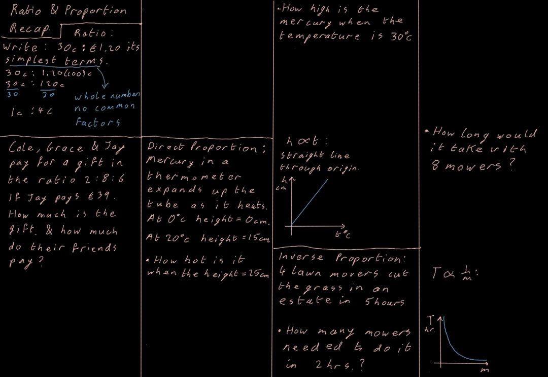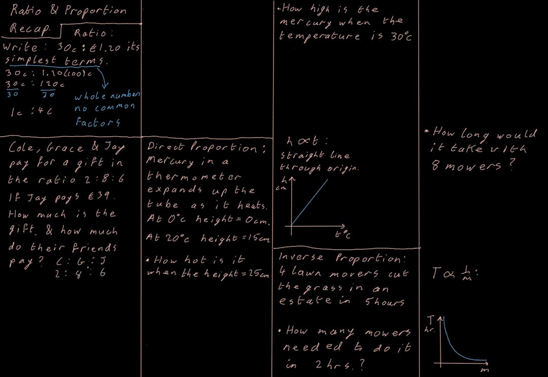Now looking at more of a story-based ratio type question, we have Cole, Grace and Jay pay for a gift in the ratio 2:8:6. If Jay pays €39, how much is the gift and how much do their friends pay? So Cole is to Grace is to Jay is in the ratio 2:8:6.